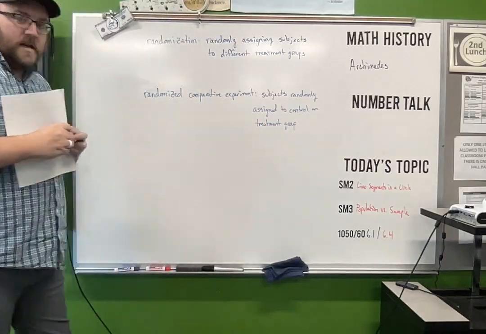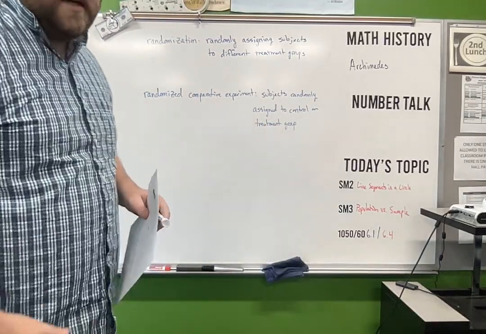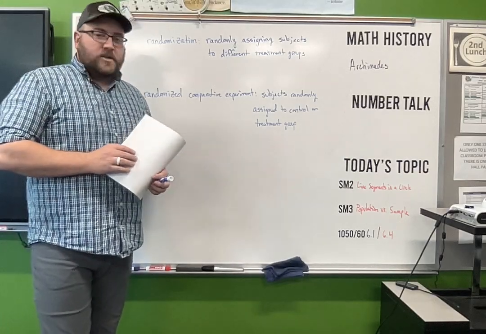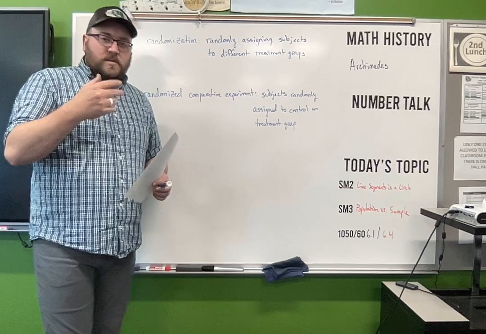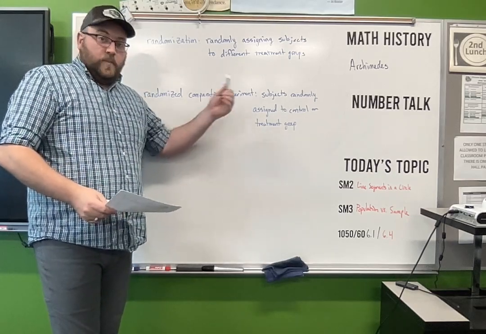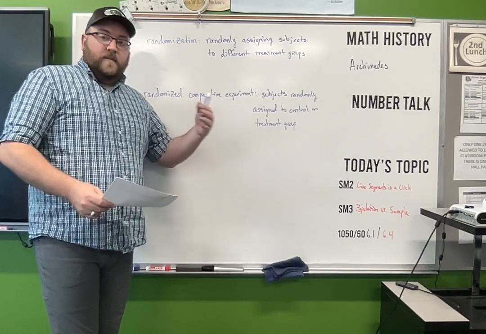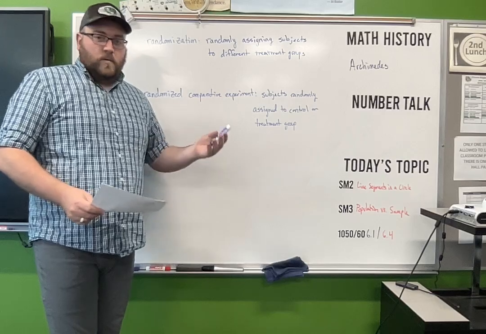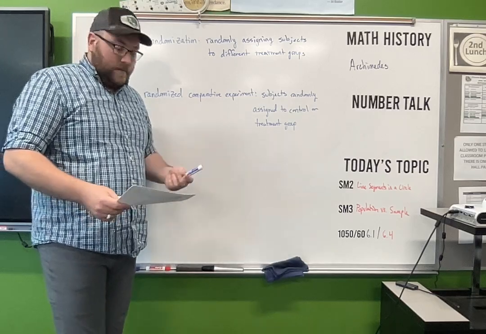Okay. Once again, it needs to be random, because if you pick certain people, you don't know if the treatment was actually working or some characteristic that all these people that you picked that weren't random, maybe they all have a similar characteristic that maybe that's causing the treatment to work or not work. Okay, so it needs to be random.